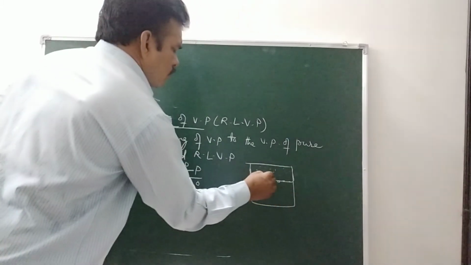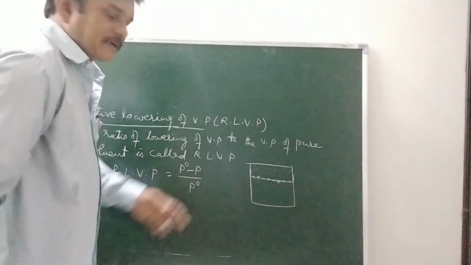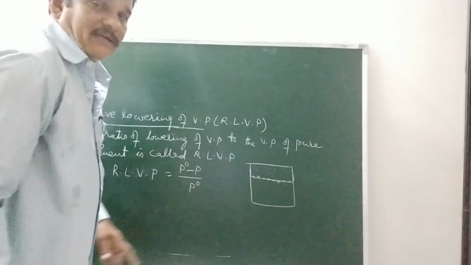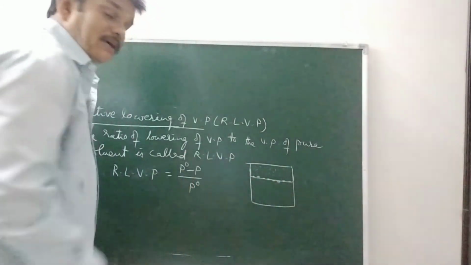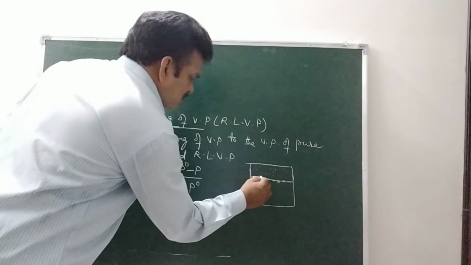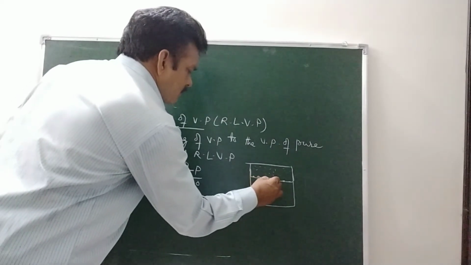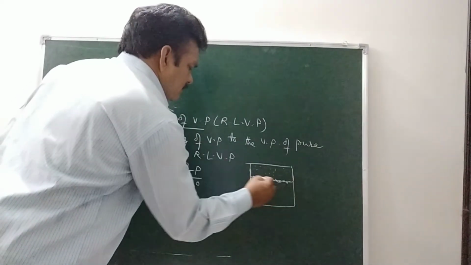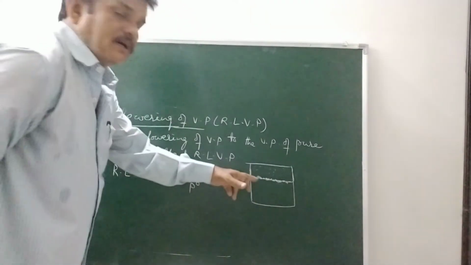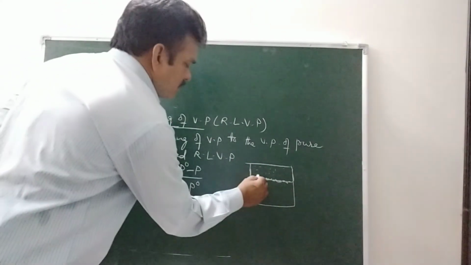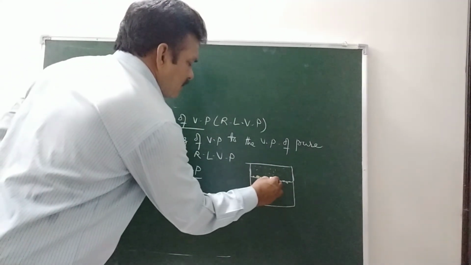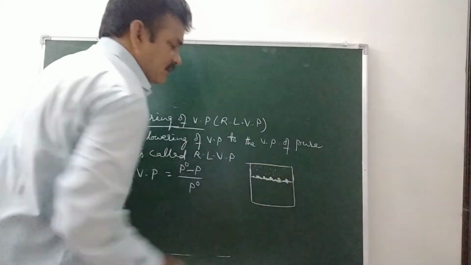So more particles escape if it is a pure solvent. But if a non-volatile solute is added, some of the particles of the solvent are replaced by the non-volatile solute particles.